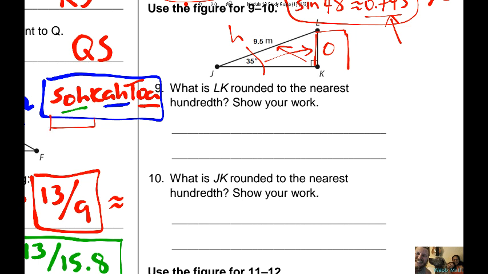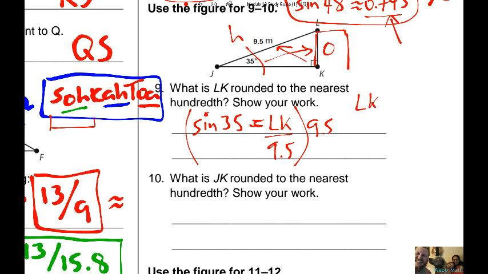we're doing sine. So sine of 35 degrees equals LK all over 9.5 centimeters. We can't have a dividing 9.5, so I'll multiply both sides by 9.5. LK will equal 9.5 times sine of 35 degrees.